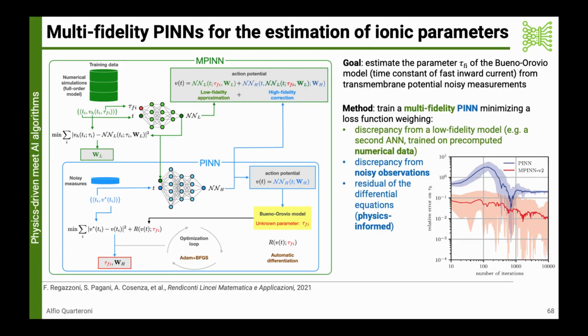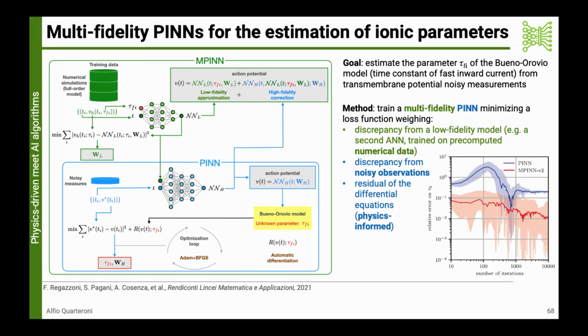When you try to solve this mathematical model for the heart, you have hundreds of parameters that are patient-dependent. How do you estimate them? Of course, you cannot pretend to have measures to estimate those parameters.